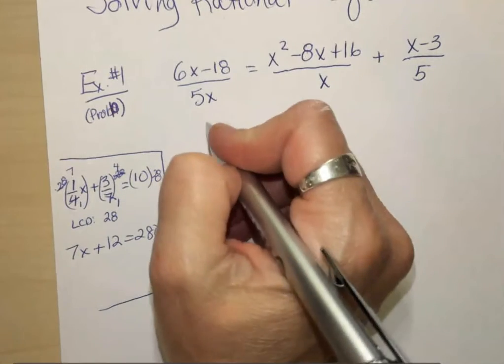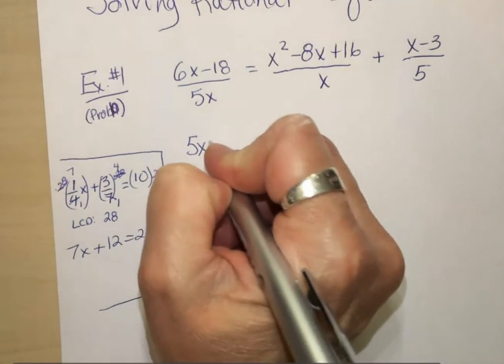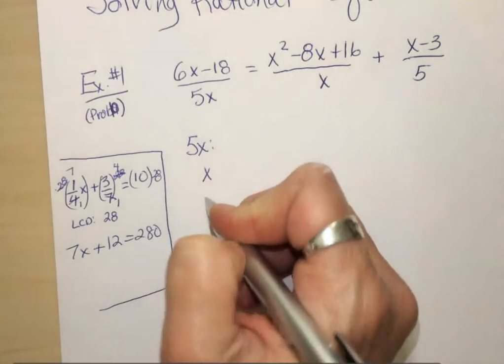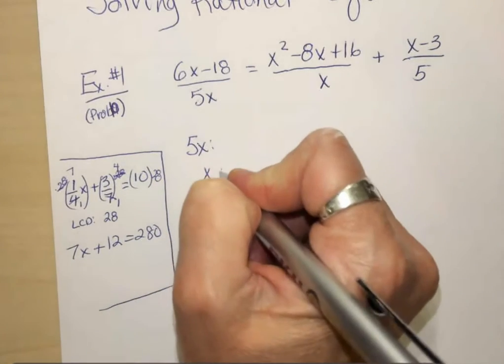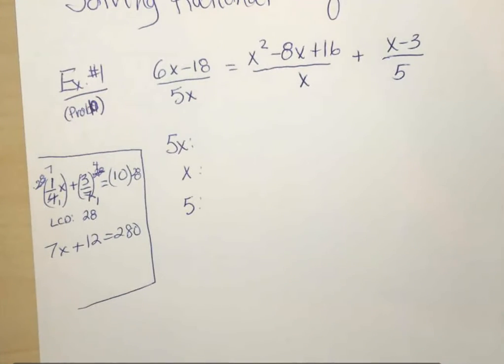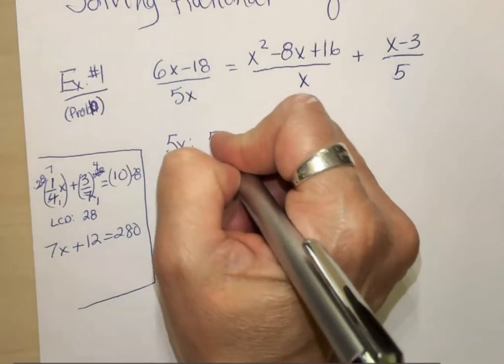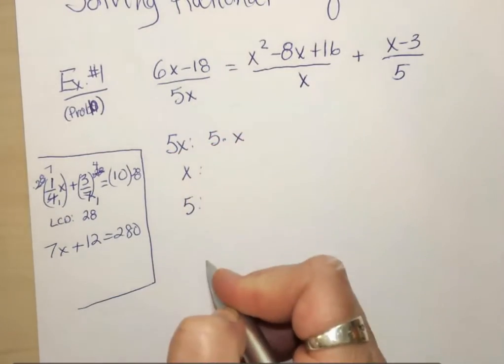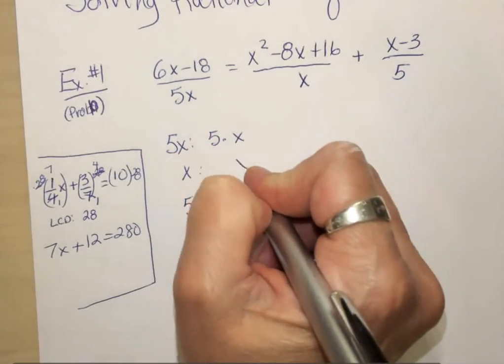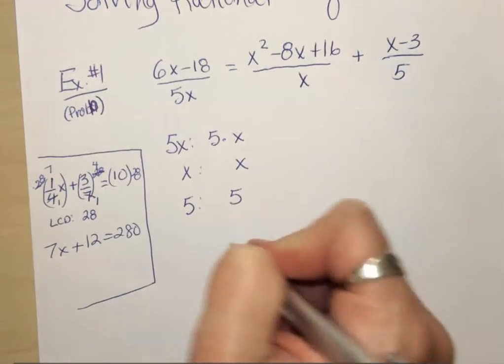We need to look at each of the denominators, figure out what our factors are, and then multiply by that LCD. So if we have 5x, we have a factor of 5, and we have a factor of x. With x, we only have an x, and with 5, we only have a 5.